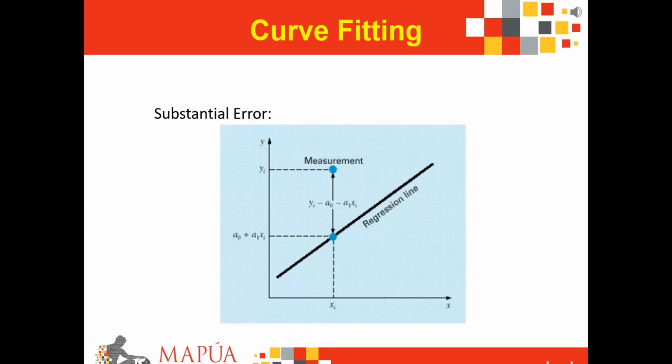Note that the error may either be positive or negative, depending on where your actual data is. If the actual data is above the regression line, then your error becomes positive. If the actual data is below the regression line, the error becomes negative.